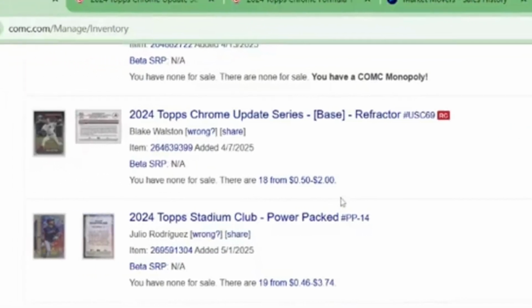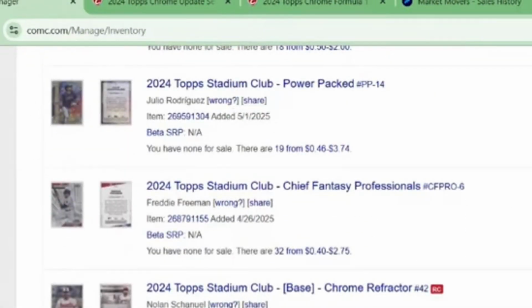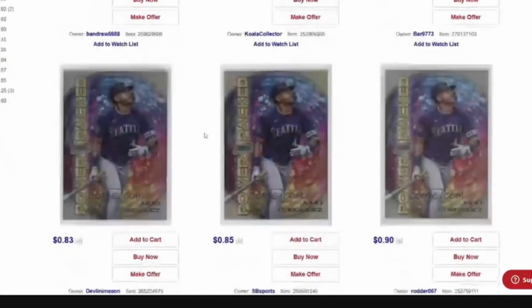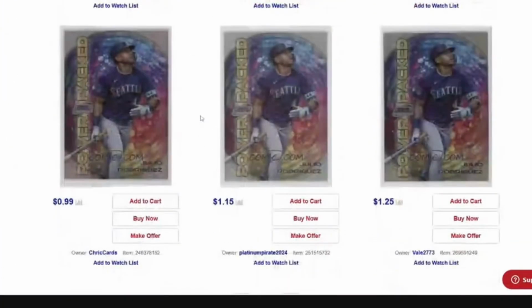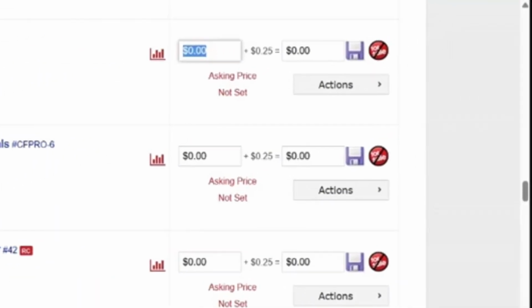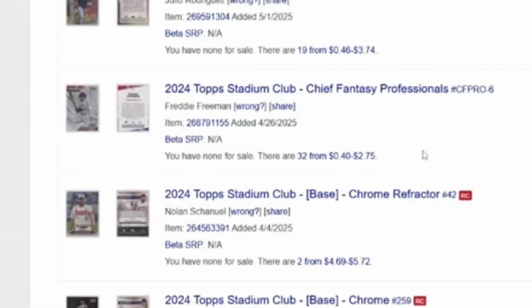Okay. Julio Rodriguez, 2024 Topps Stadium Club Power Packed, 46 cents to $3.74. That's what this card looks like. The lowest is 71, 83. Okay, so a lot of them around $1. So what I'm going to do for this one is I will go down to, what was it, 75 cents? I'll go down to 75 cents. So that'll be $1 with the 25 cent fee.